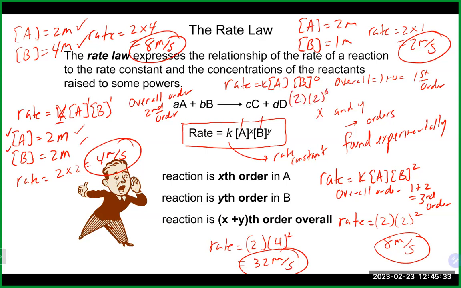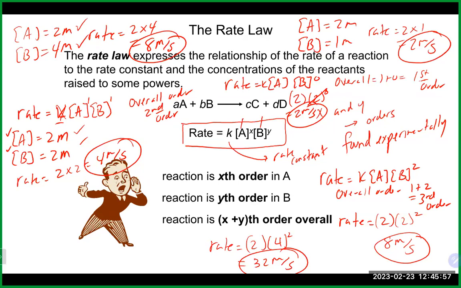When you take something to the 0 power, it equals 1, which means my rate here would be 2 molar seconds. In this case, my rate was now half of what it was before because the order for B was 0. If I increase the concentration of B to like 20 molar, would it make a difference? It would not in this case.